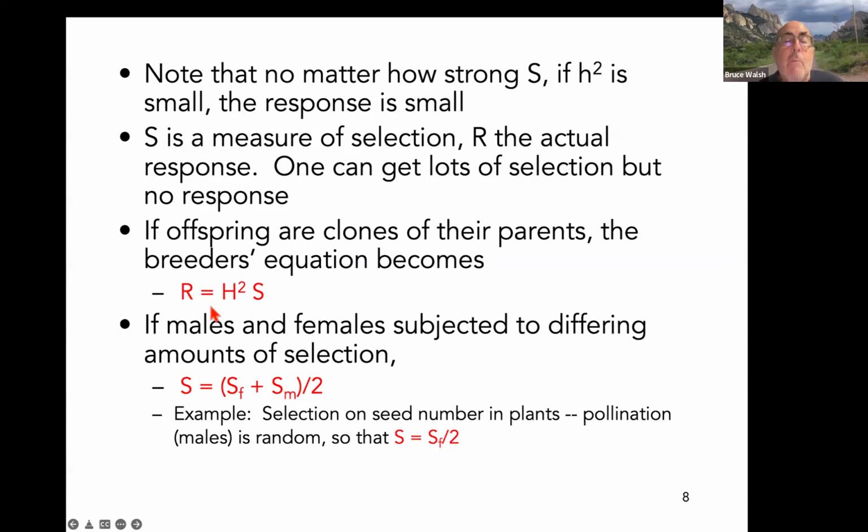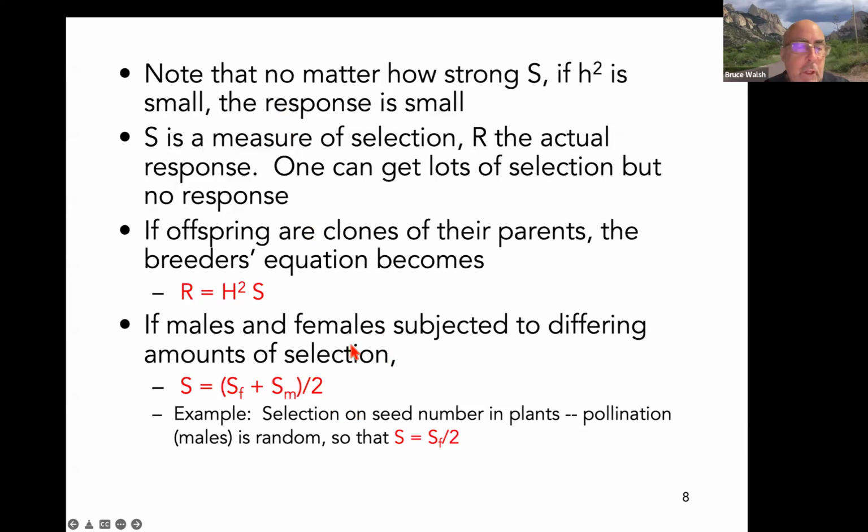So in that case, the response also follows the breeder's equation, but now I've got the broad sense heritability, capital H squared, replacing lowercase h squared. And that's an expression for selection among clones, where again, the distinction is when I choose a clone, I don't cross it with others, I simply keep it in my population. And we'll come back to that in a little bit.